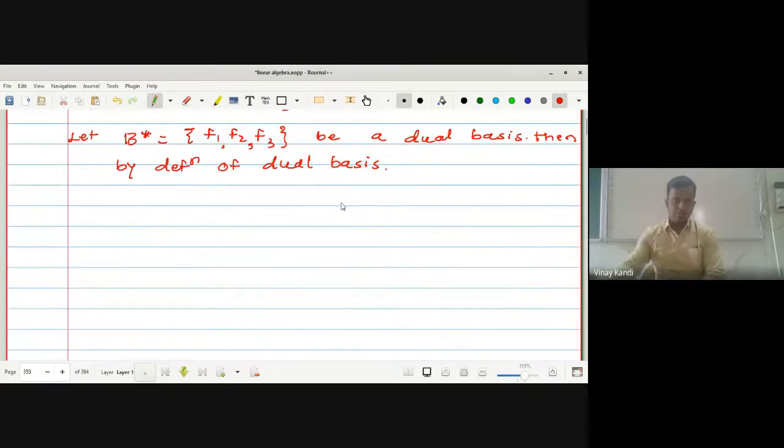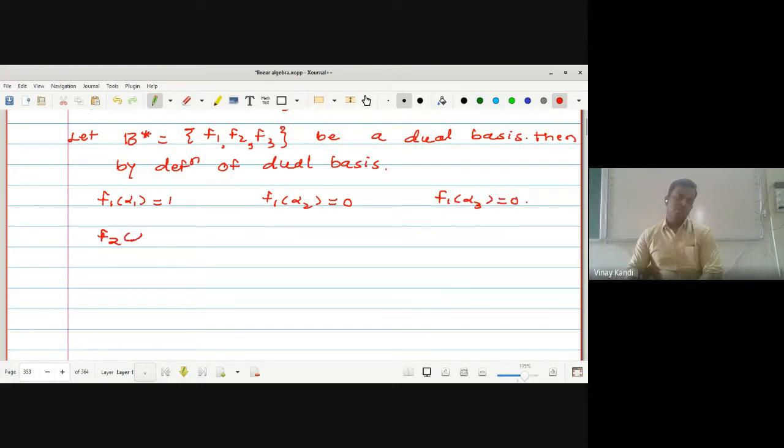Now look here, what we have: f1 alpha 1 is equal to 1, f1 alpha 2 is equal to 0, f1 alpha 3 is equal to again 0.